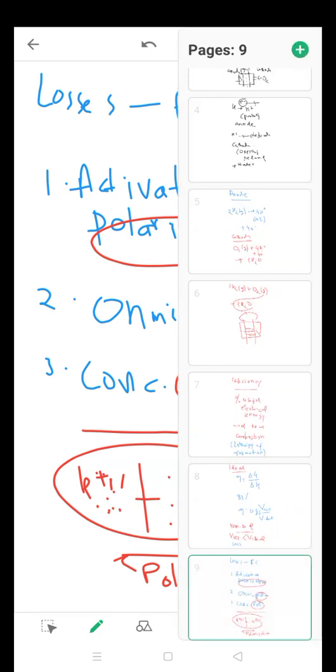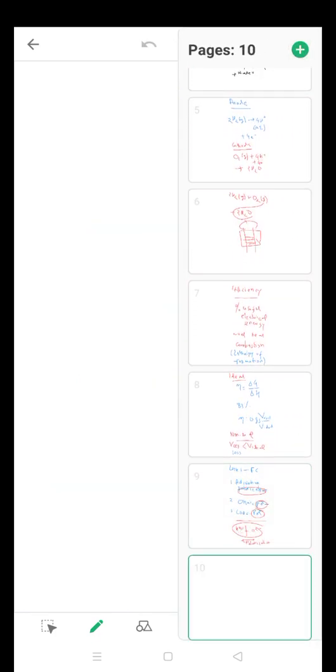Now, if we try to represent this graphically, we plot the cell voltage here and the current density here.